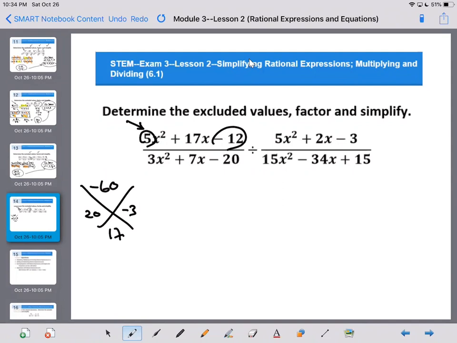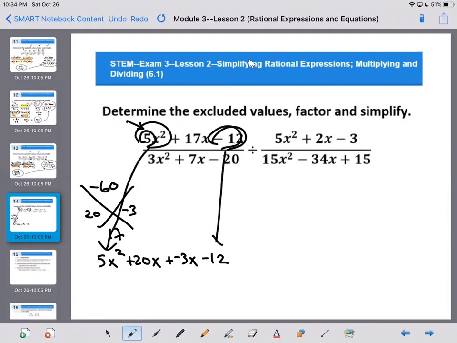And so remember, you're going to take 5x squared plus 20x plus a negative 3x minus 12. Remember, you rewrite the first term, rewrite the last term, group. So you're going to get 5, x plus 4.